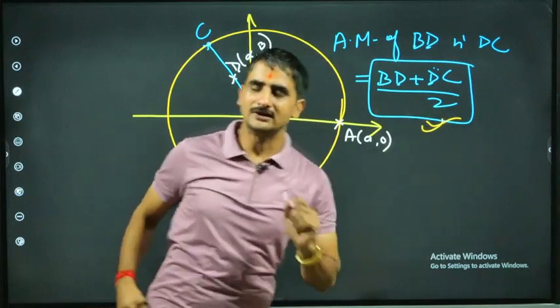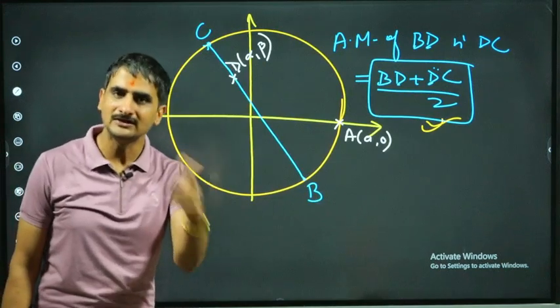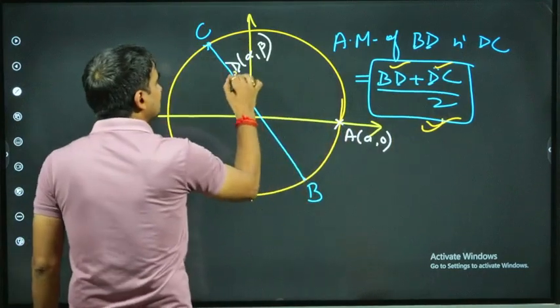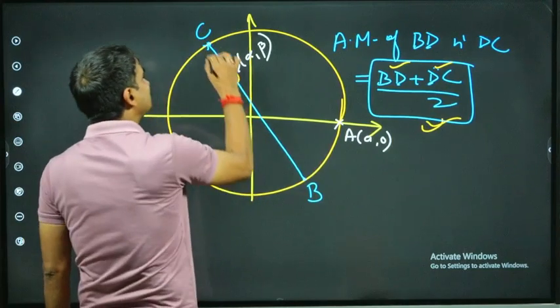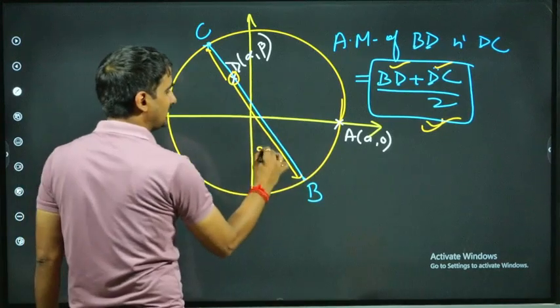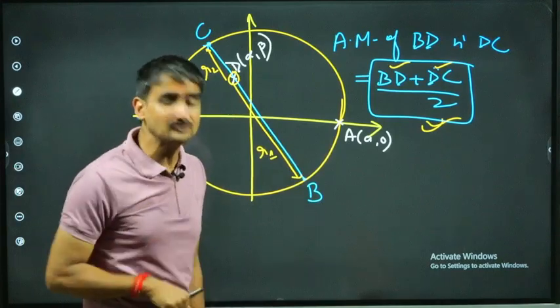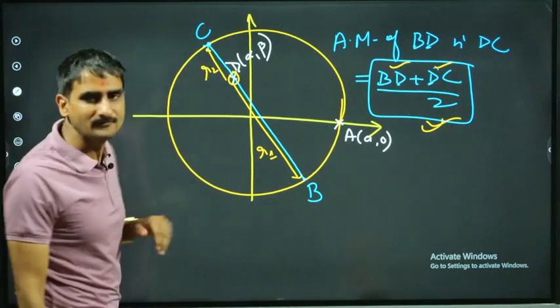See, I always say whenever we need distance along the line from the fixed point, both BD and DC are the distances along the same line BC from the fixed point D. So this is one, this is another one. If I call one as r1 and the other as r2, we need (r1 plus r2) by 2. But whenever we need it, how do we start? We start with the parametric form of the equation of line.